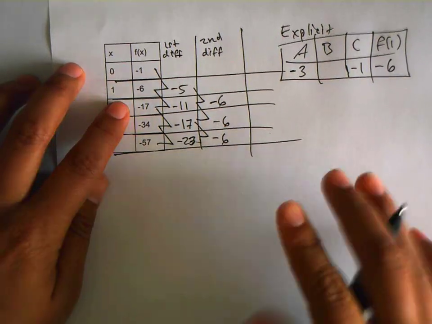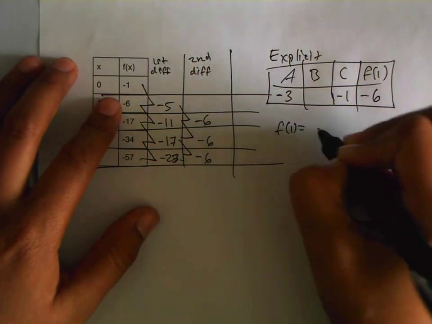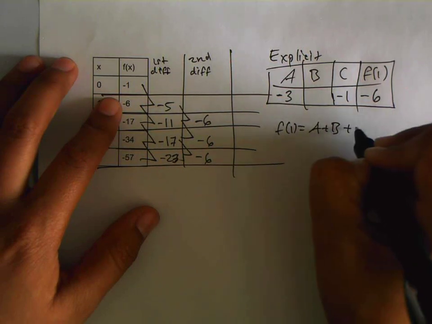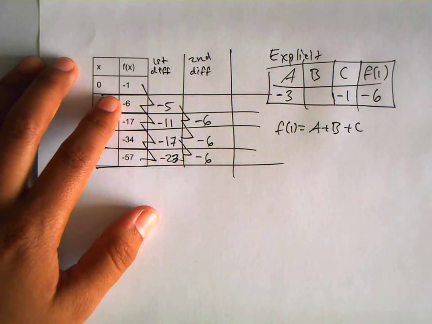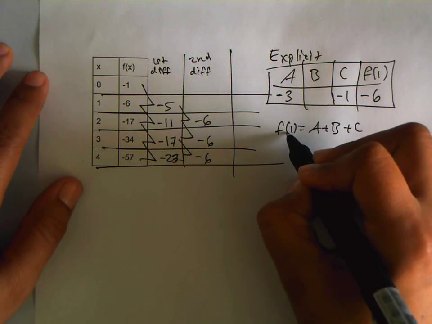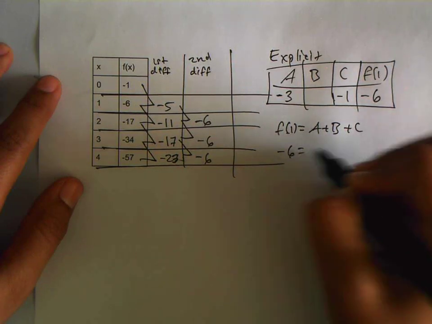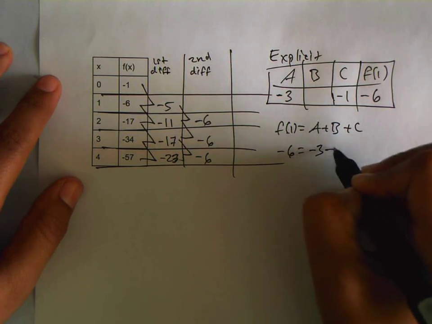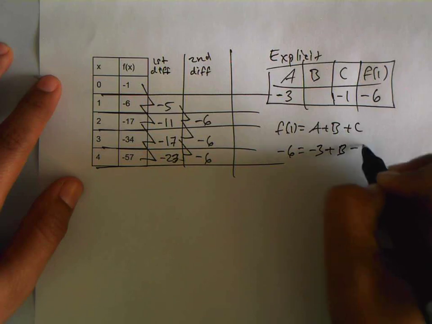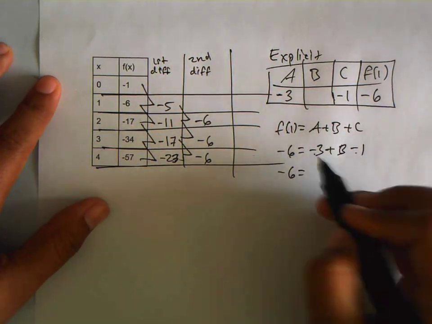Okay. So again, we do the same thing. To find B, you must do our magical little equation to help us. So f of 1, and you have to use f of 1, don't use any other point. Okay? So f of 1 is negative 6, a is negative 3. Okay, so again, make sure you add these correctly.